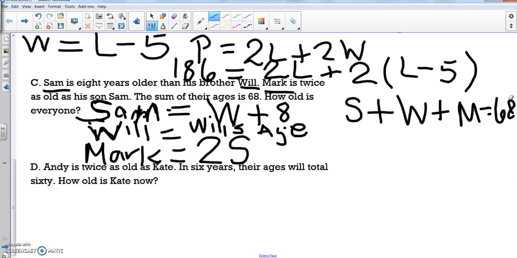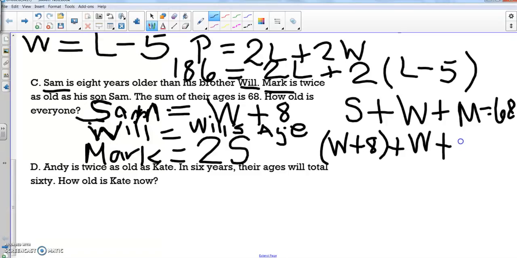Okay. So here is where I got to use these things I wrote over here to figure this out. Because, look, I got 3 different variables, S, W, and M. I can't solve for something with 3 different things. So S, I can substitute, because S I know is W plus 8. Well, W can just say W right now, because we don't know any other way to write it. Plus, Mark is 2 times S. Okay, well, let's think about this.